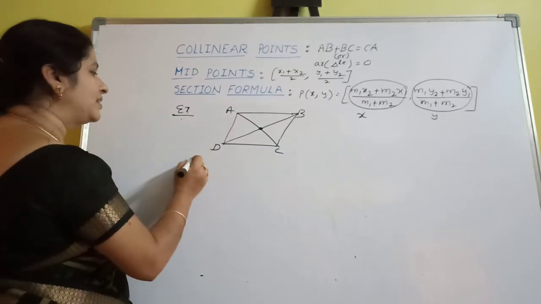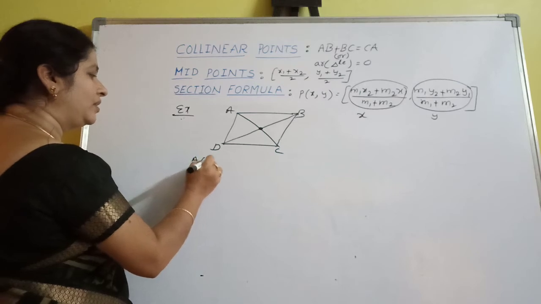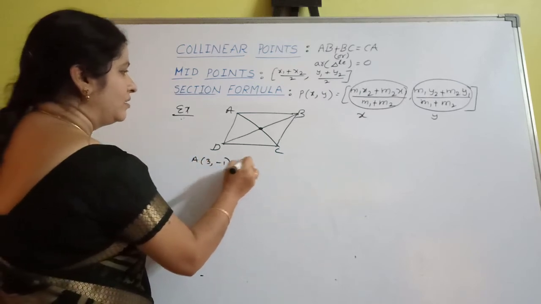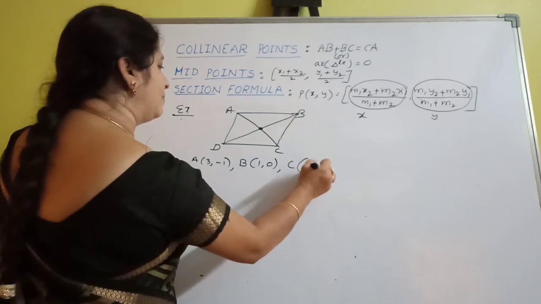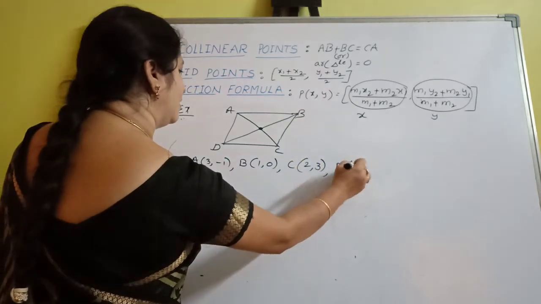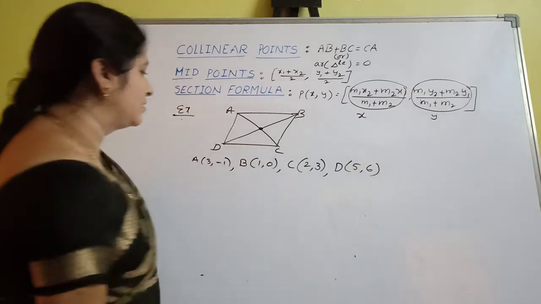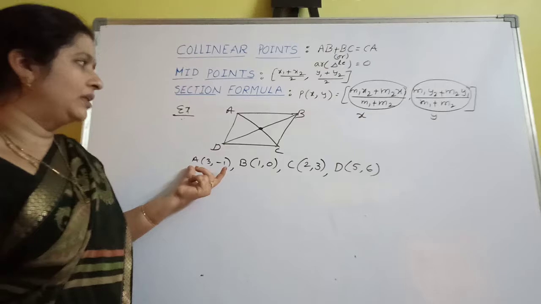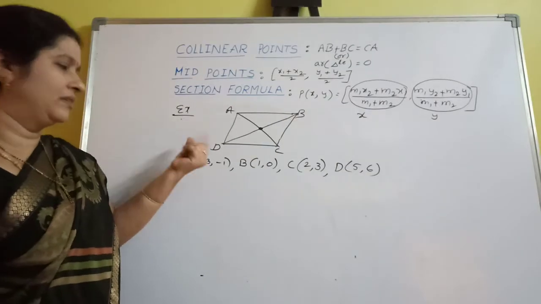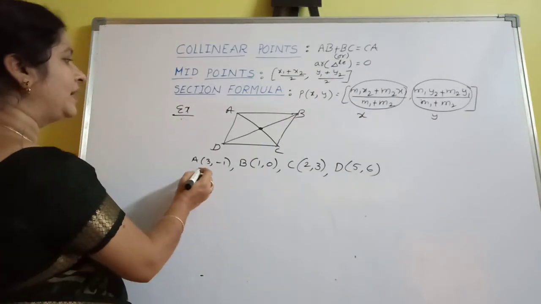Suppose 4 points are given: A(3, -1), B(1, 0), C(2, 3), D(5, 6). Prove that these vertices are the vertices of a parallelogram. How can you show that?